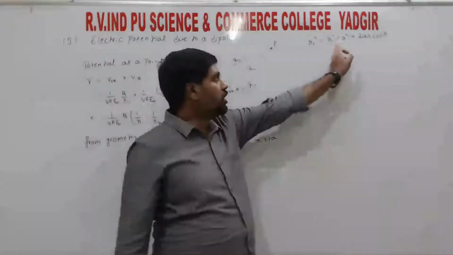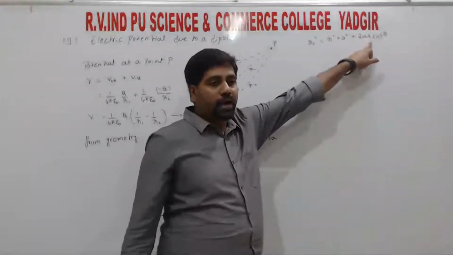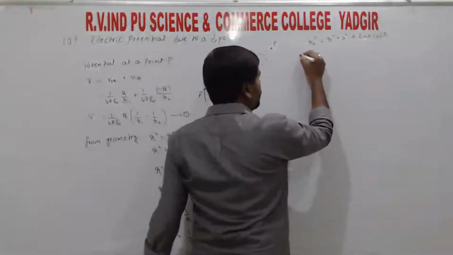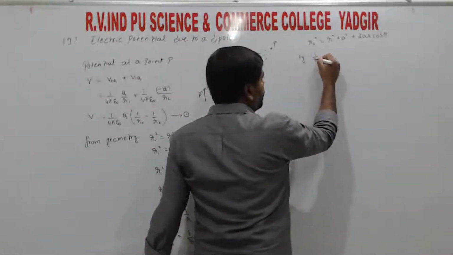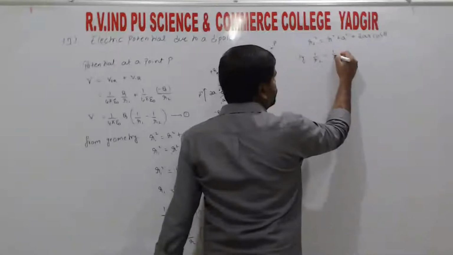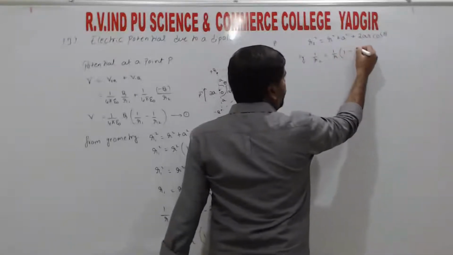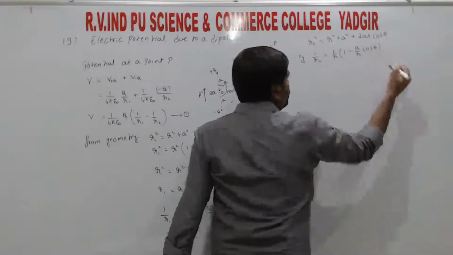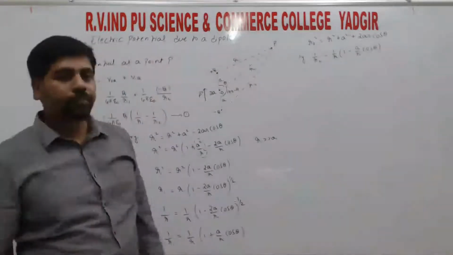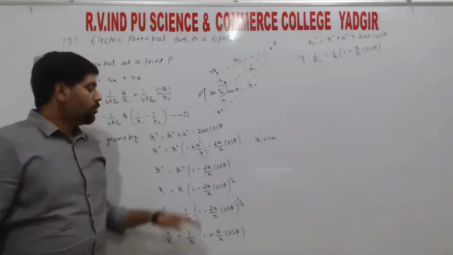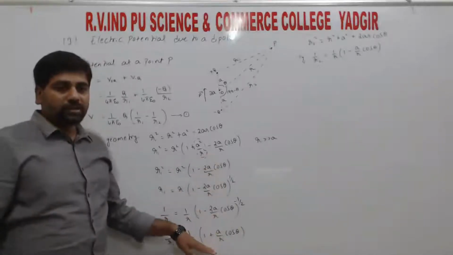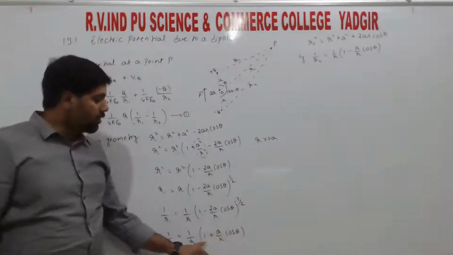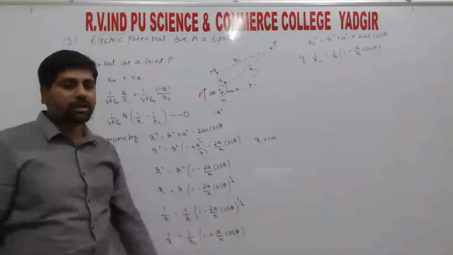So hence we write r square plus a square plus 2ar cos theta, right? So in the same way, simplifying, we get 1 by r2 is equals to 1 by r into 1 minus a by r cos theta, right? So no further simplification is necessary. Just change the 1 plus a by r cos theta to 1 minus a by r cos theta, right?